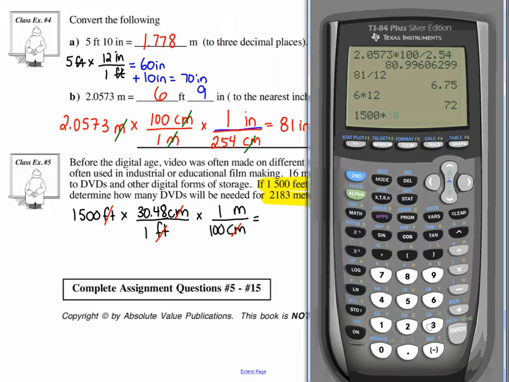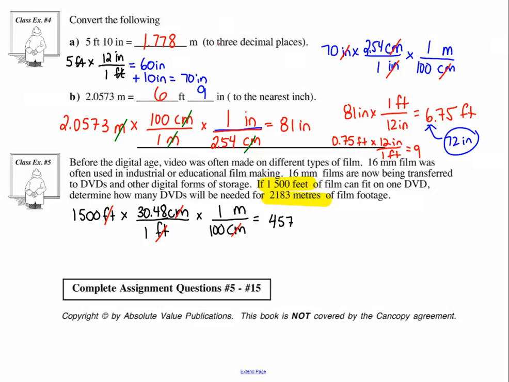So times the 30.48, and I can either go times 1 over 100 or divided by the 100, because 100's on the denominator. You get the same thing? 457.2 meters.